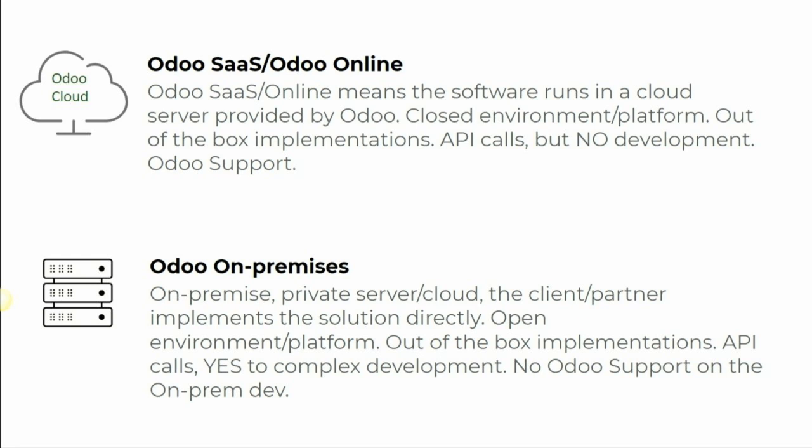However, what I meant there in no Odoo support is that if you have an enterprise license with us, we will provide you support on your questions, but our consultants and our support team will not touch an instance directly. They will guide the partner that did the implementation towards any type of issues that might arise within that on-premises solution.